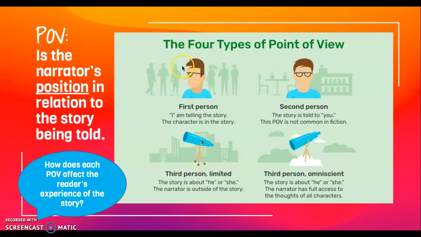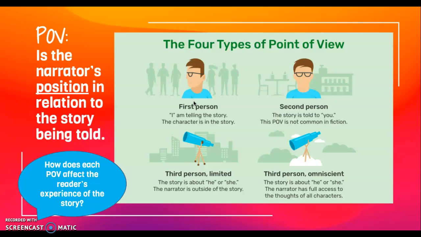Now, an additional interesting little detail about first person is what we encountered in our story last week, which was the slight twist on this point of view called the unreliable narrator. One of the things that we have to remember is that when all of the events of a story are filtered through only one person's point of view, we have the potential for bias, right?